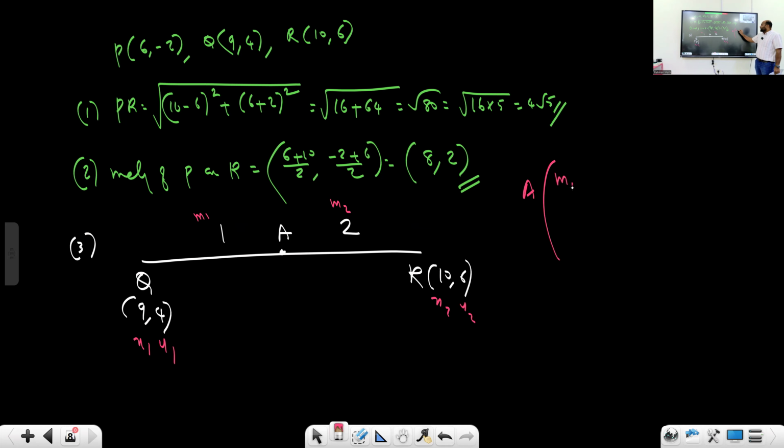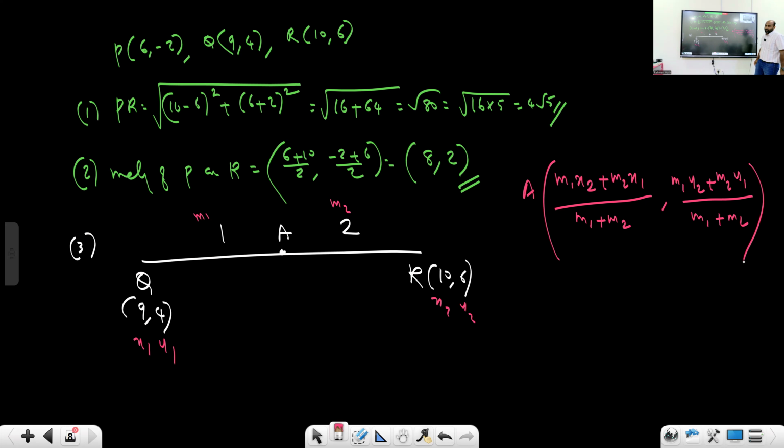M1 X2 plus M2 X1 by M1 plus M2, comma, M1 Y2 plus M2 Y1 by M1 plus M2. Everything I marked in the diagram, substitute and simplify. Everything is there in the diagram.